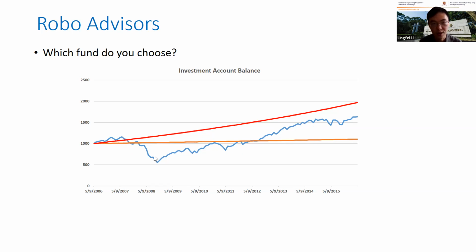But of course, there's a lot of risk associated with the blue one. The orange one is much less risky. So don't forget that: in financial markets, higher return is always accompanied by higher risk.